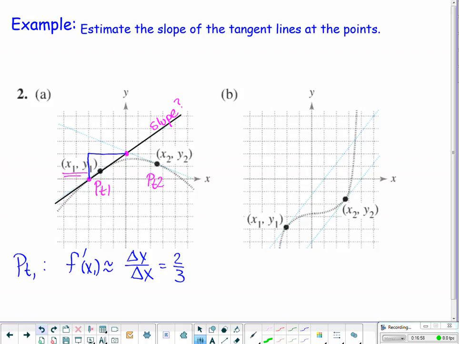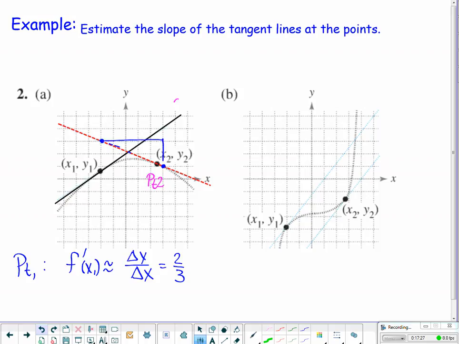For point number 2, I'll erase some of this work here, and let's go on and I'll travel over this slope line so you can see it a little more clearly on the video. Looking for those nice grid lines. This looks like a nice intersection on the grid line there. And the other one, where is another like intersection? Probably like right here.